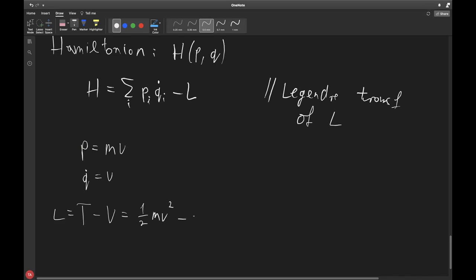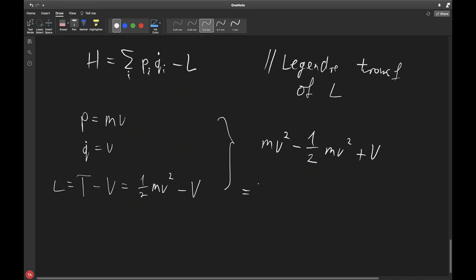So the Lagrangian is 1/2 mv squared minus V. If we put all these together, I have p, which was mv, multiplied with q dot, which was v, so that's mv squared, minus 1/2 mv squared minus the minus of the V, so that's a plus V. And if I subtract a half mv squared from mv squared, I will get a half mv squared plus V. But again, the half mv squared was just the kinetic energy T. So this physically gives us the total energy of the system.